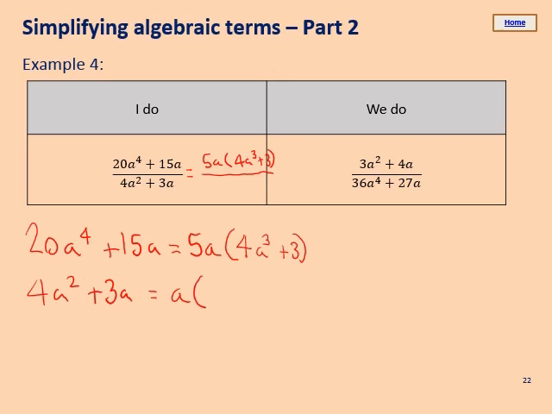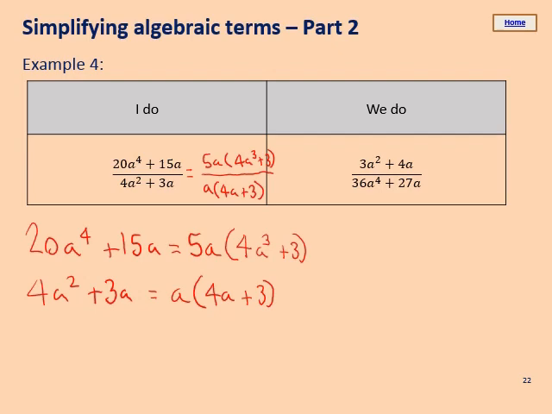And then inside the bracket, we've got 4a squared divided by a, which gives 4a. Positive 3a divided by a gives positive 3. Okay, so I'm left with this on the bottom. So if I write that now, a bracket 4a plus 3.